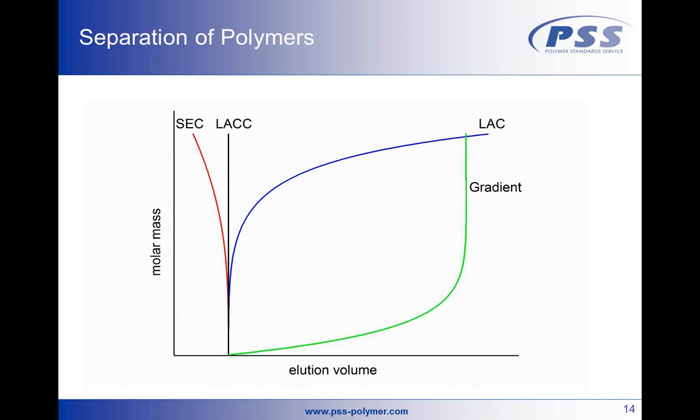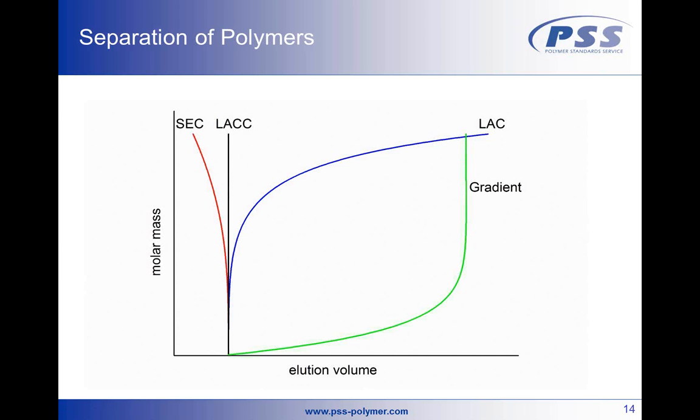So the larger polymer molecules elute early, and smaller ones, which can penetrate or partially penetrate the pores, will stay longer in the column and will elute later. Therefore, in size exclusion chromatography, if you have no enthalpic interaction between the stationary phase and the molecules, you have the high molar mass materials coming out early and the low molar mass coming out late.